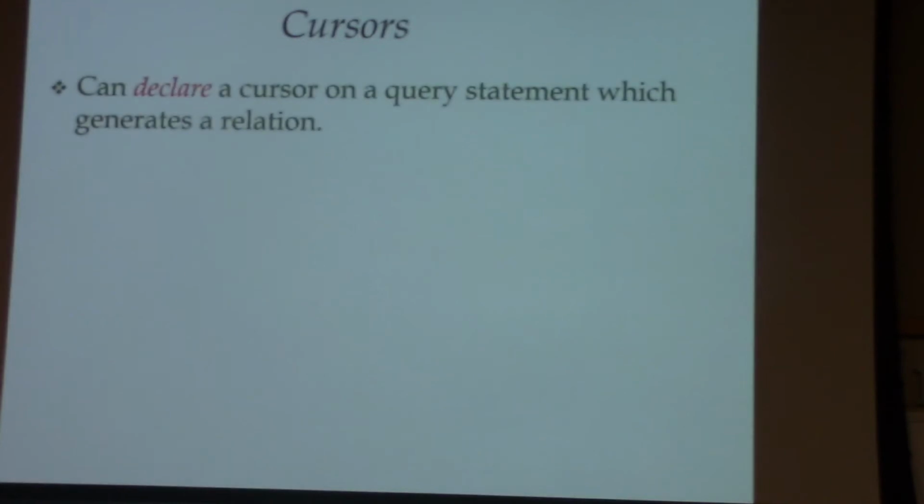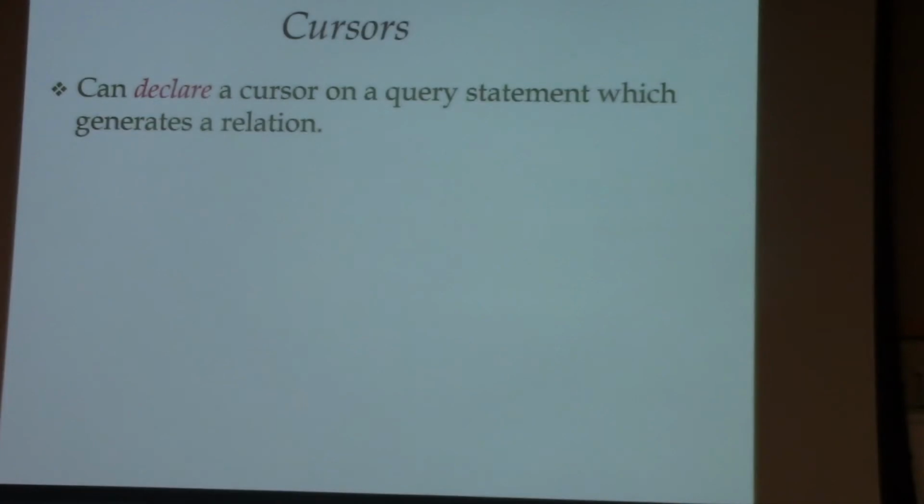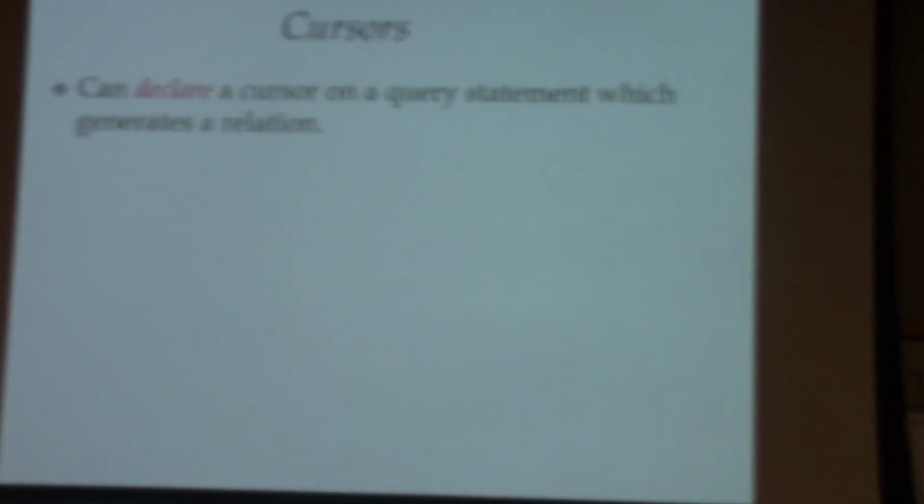Okay. Then the one more thing I'd like to introduce is the cursor. Cursor is a kind of space, a room in the memory. Think about the impedance mismatch. Impedance mismatch means the database structure is different from the programming language structure.